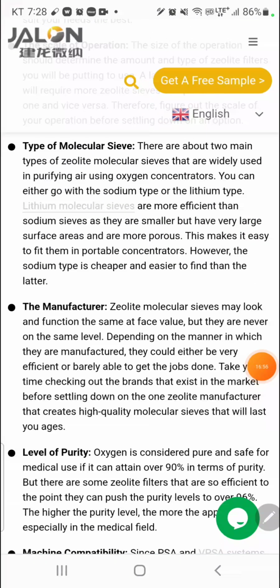That's bad. Take your time checking out the brands that exist in the market before settling down on the one zeolite manufacturer that creates high quality molecular sieves that will last you ages.